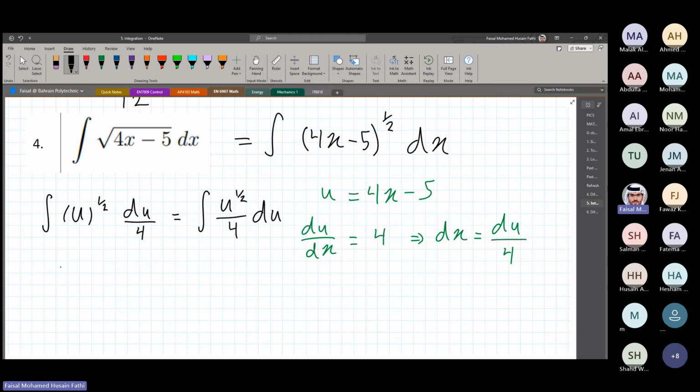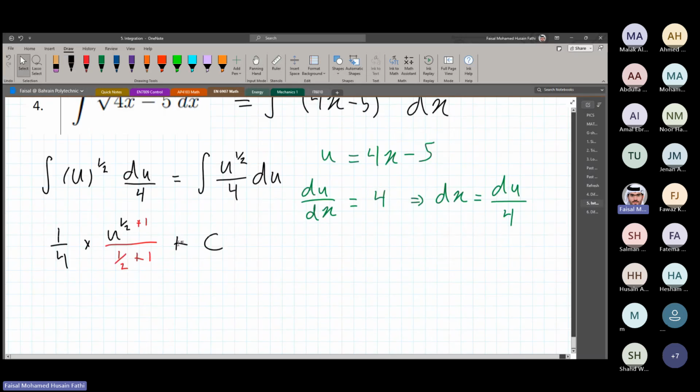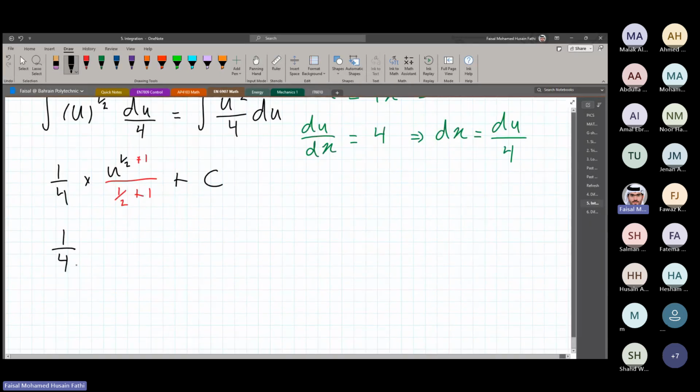And then we integrate. So 1 over 4 times u to the power of half plus 1, over half plus 1, plus c. And that's it. This is your final answer. So 1 over 4 times, before substituting, let's simplify: 1 plus 1 half is 3 over 2. So divided by 3 over 2 plus c.